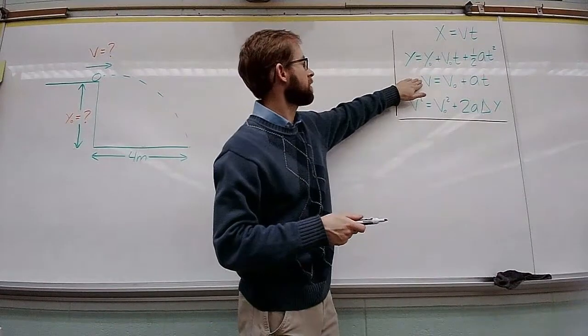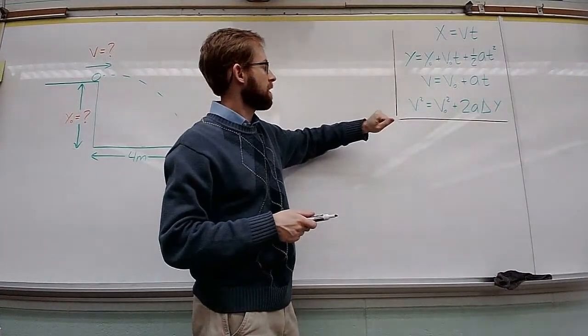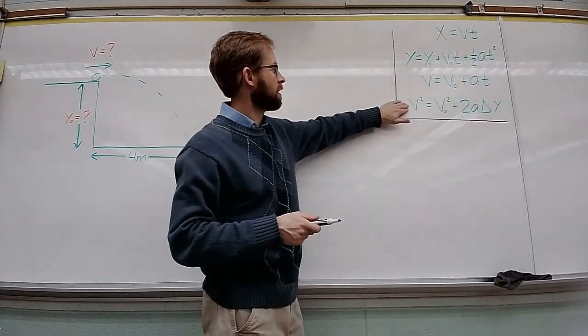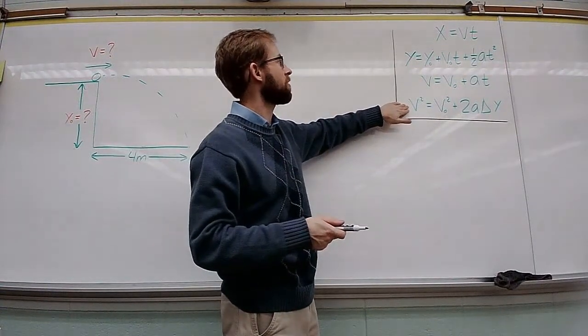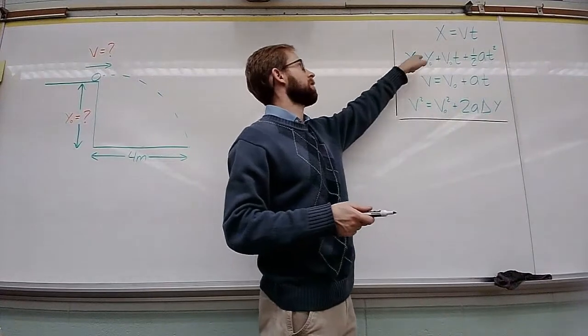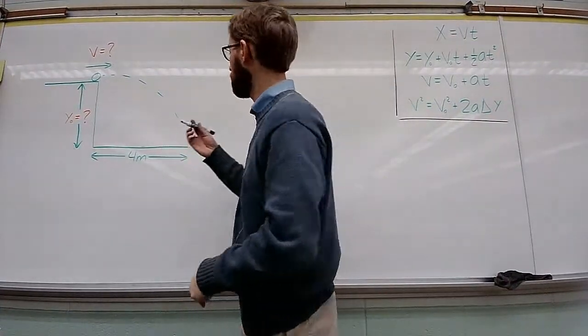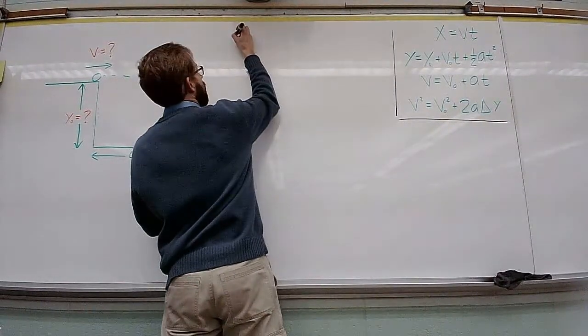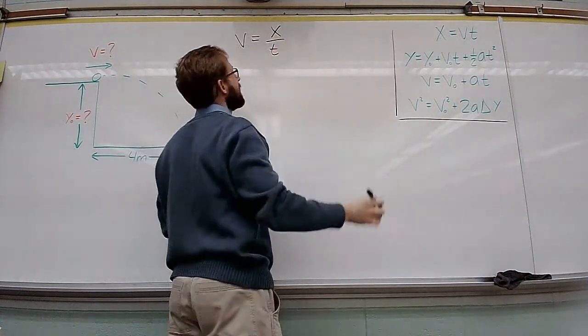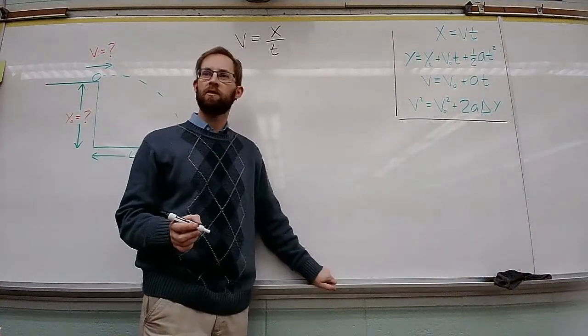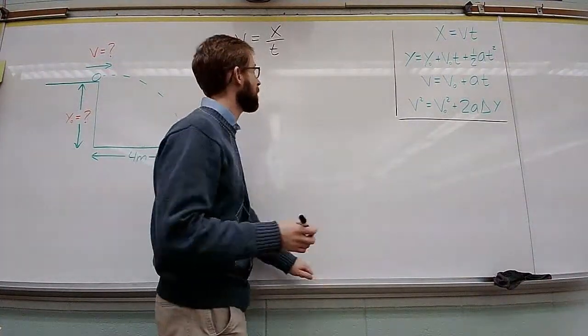So we're not concerned with that velocity. This one's not really going to help us either, because again, this is a vertical equation. So x equals vt. So that horizontal velocity v is going to be distance over time. And holy moly, for a change, we've got both of those numbers.